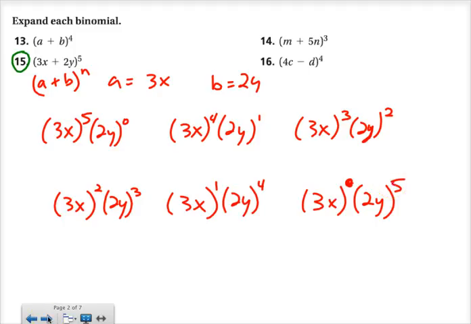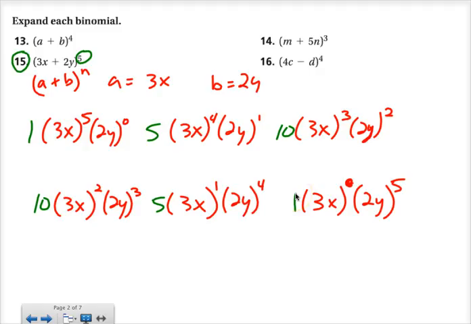We know the C's go low to high, but we also know Pascal's triangle, and we could use row 5 to get all of those numbers that we need in front that are going to help us get the coefficients right. So row 5 of Pascal's triangle is 1, 5, 10, 10, 5, 1.